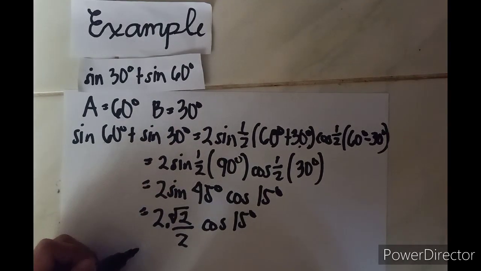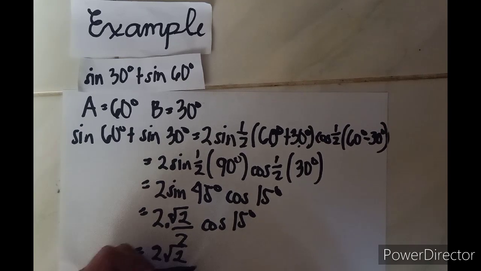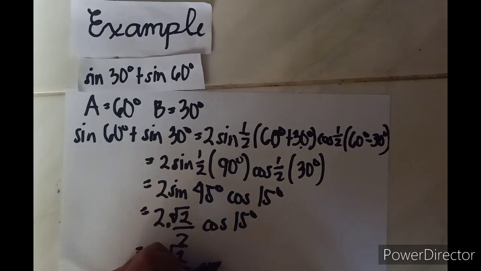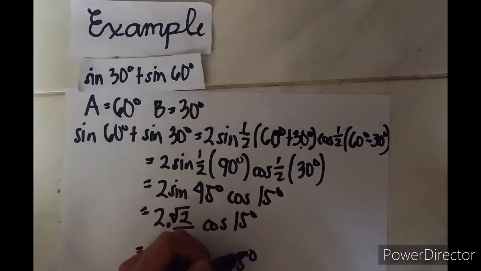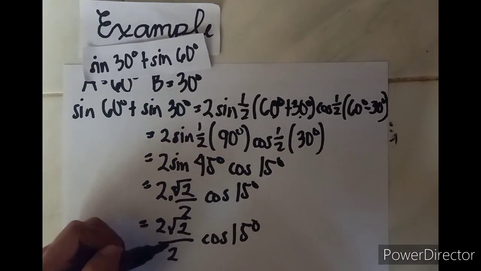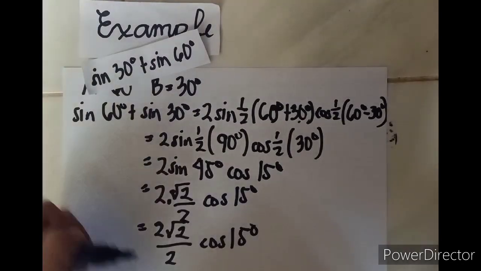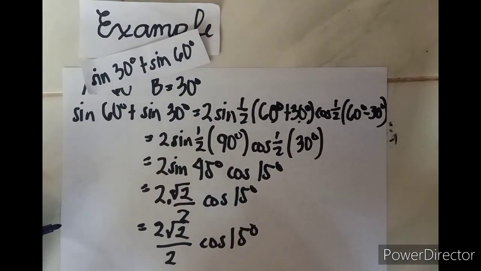Then 2 times square root of 2 over 2 is equal to 2 square root of 2 over 2 cosine 15 degrees. Our final answer is 2 square root of 2 over 2 cosine 15 degrees.